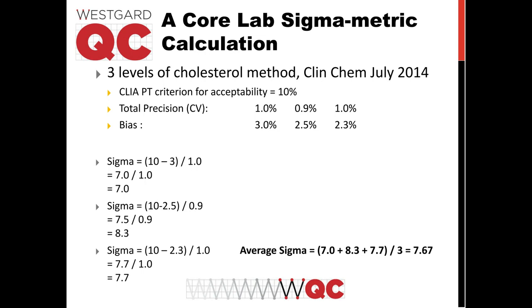The sigma metric closest to the most important decision level, that's how we recommend you judge the test. If you have a very low control, but there aren't any patients there, and you have a low sigma metric, as far as we're concerned, that's not as relevant as a different control level that might be closer to where patients actually are.